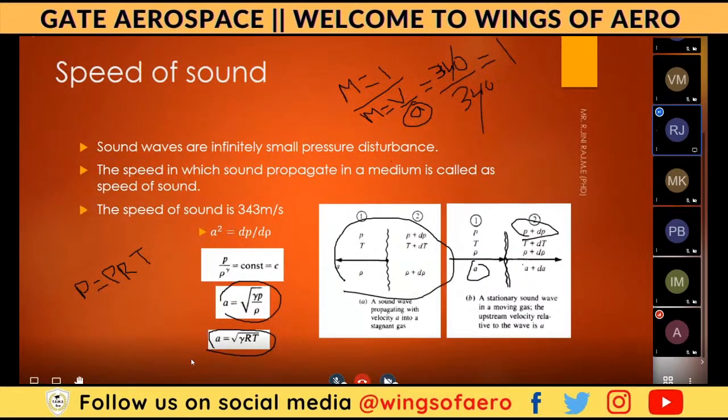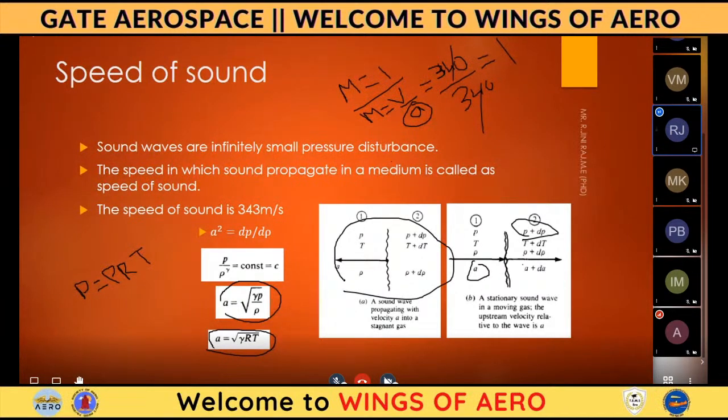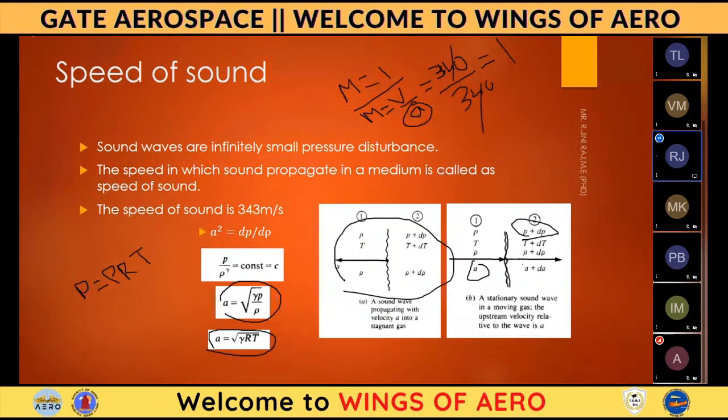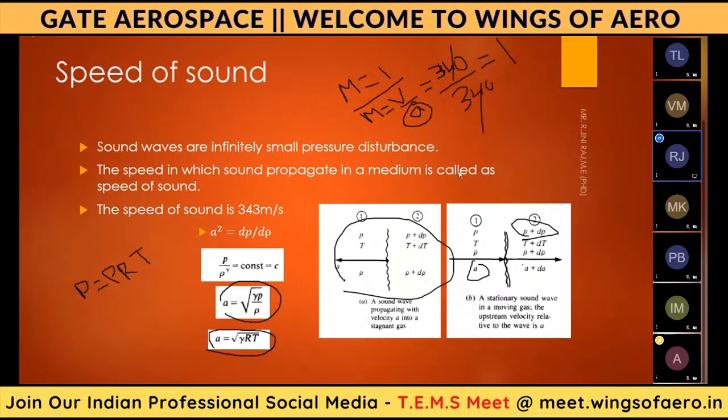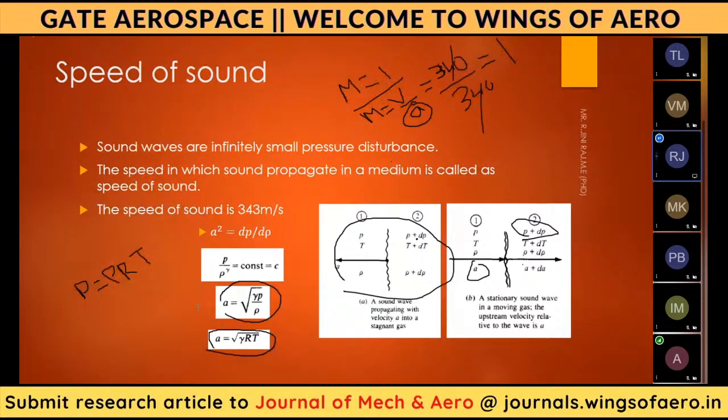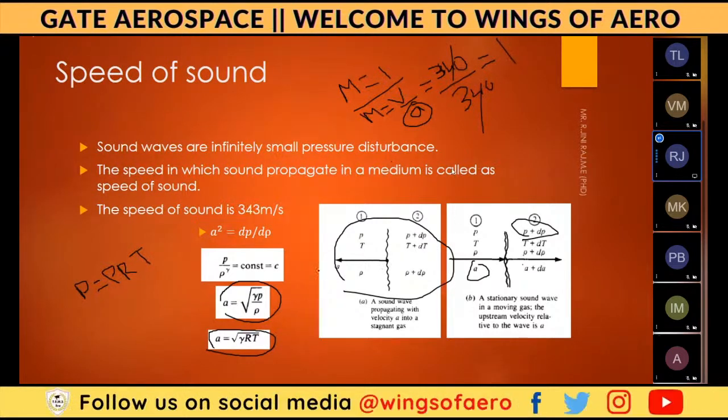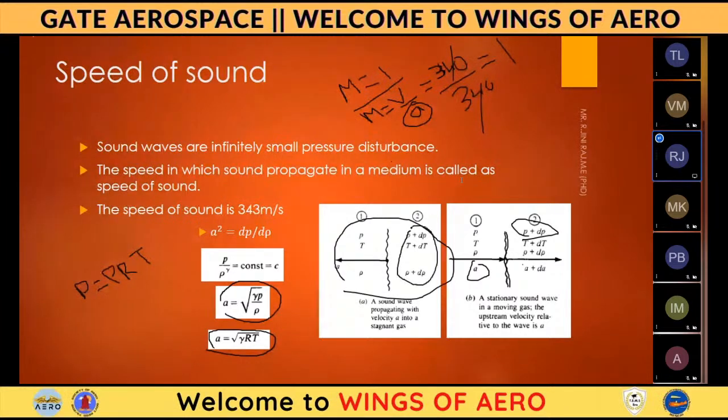So here in the left side figure, that is a stationary or stagnant gas. The gas is stagnant, it is not moving. The sound waves are emanating from one point, and it is moving from right to left, not from left to right. Stagnant means it is not moving.